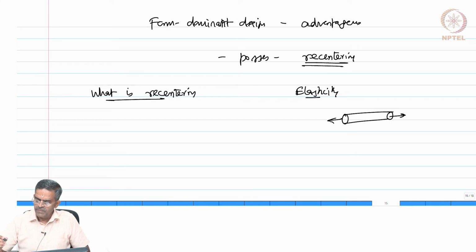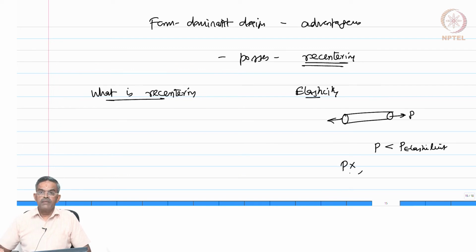Pull the bar to some load P. If this load P is lesser than P elastic limit of the material, upon removal of load, the member will regain its original shape and size. Okay, that is what we have studied as elasticity. Let us apply this concept for systems undergoing large displacements, which is a form dominant system.